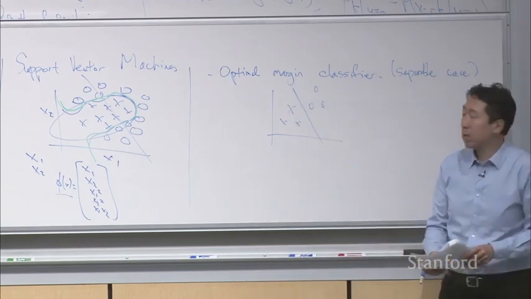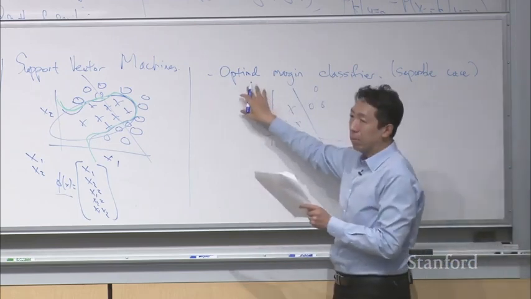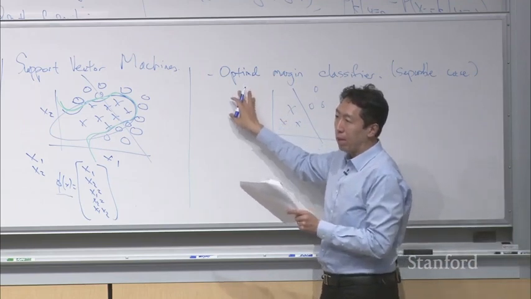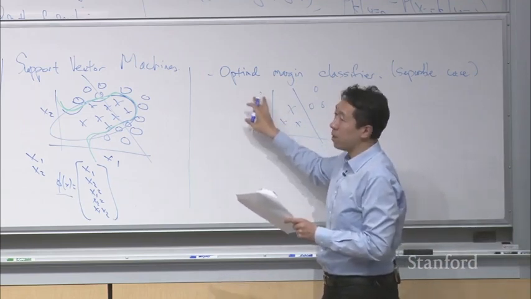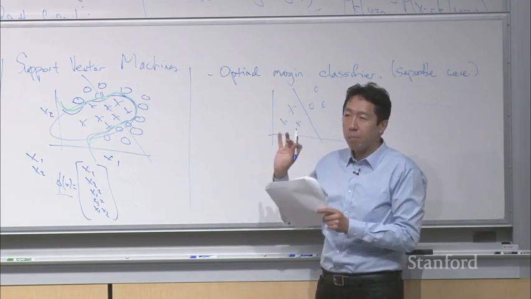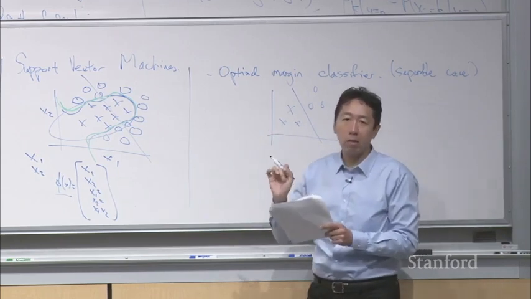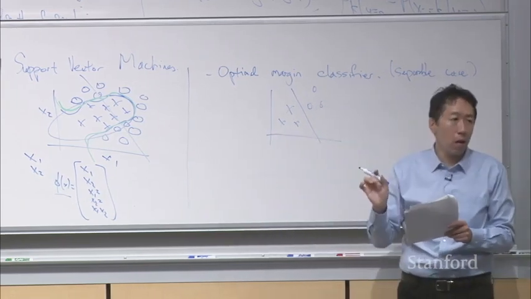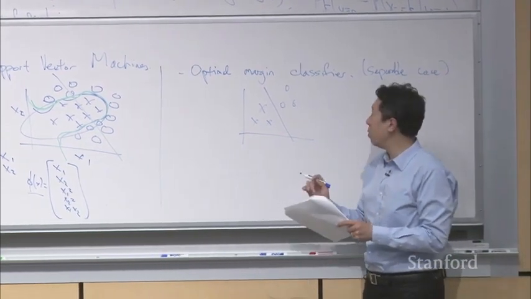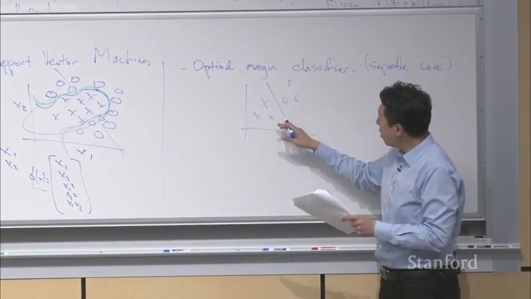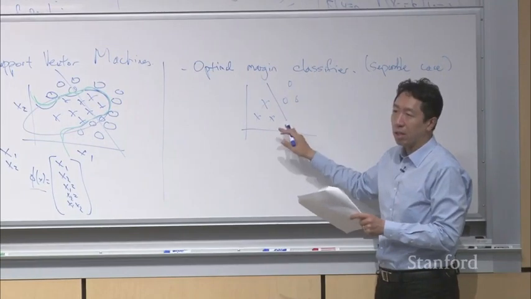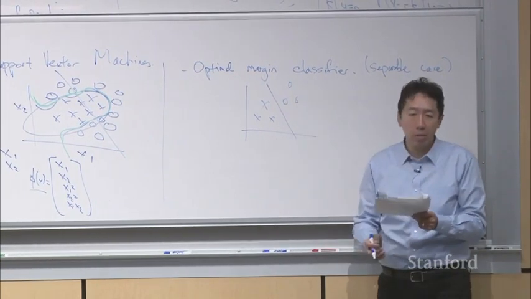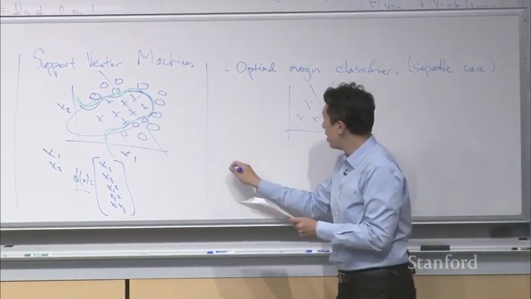Right? And so the optimal margin classifier is the basic building block of a support vector machine. And we'll first derive an algorithm that will have some similarities to logistic regression, but allows us to scale in important ways, to find a linear classifier for training sets like this that we assume for now can be linearly separated. So we'll do that today.